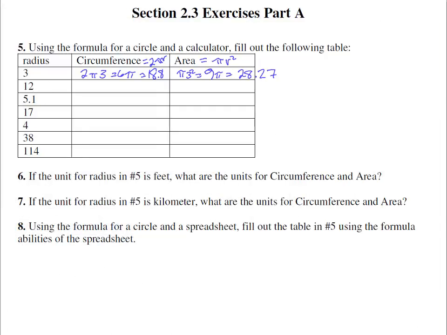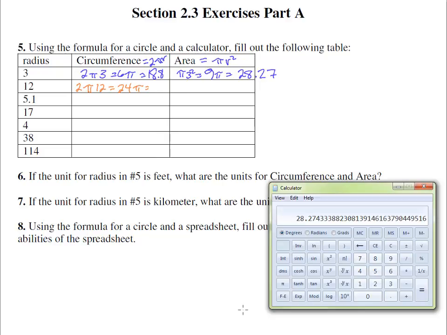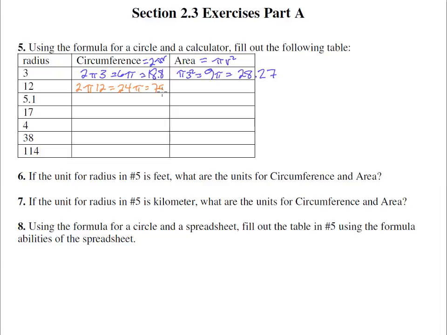Number 5 with the radius of 12. So this is 2 times pi times 12. So we could write as 24 pi, which in the calculator, 24 times pi equals 75.398, or 75.4. And then for the area, it would be pi times 12 squared.